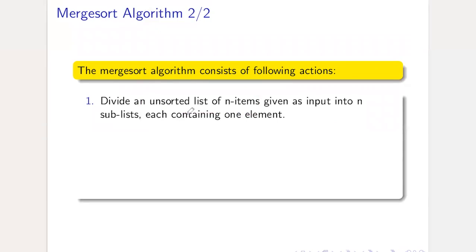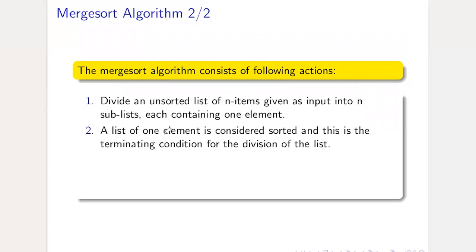They will be divided so that ultimately you have n sublists. If you have n items and n sublists, it is obvious that each sublist contains only one element. So that's one action you have to do.